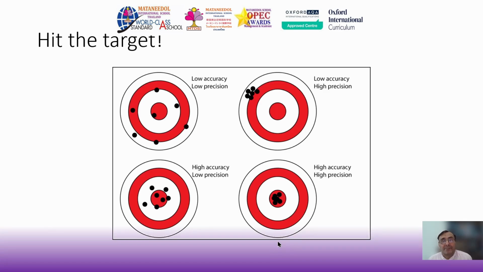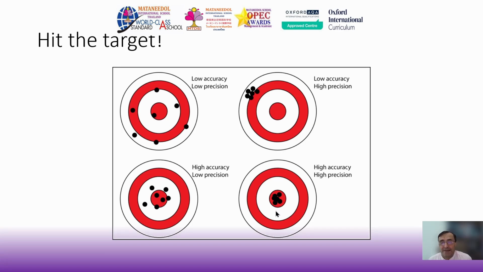So there we have some examples. If you see, that data has low accuracy, low precision. This data has low accuracy because it's not really where it should be, but it's very repeatable. So we've got high accuracy, but low precision is very close to what it should be, but they're quite spread out.